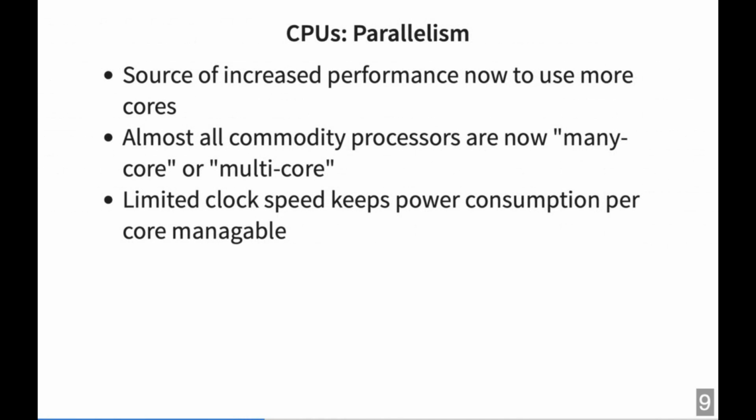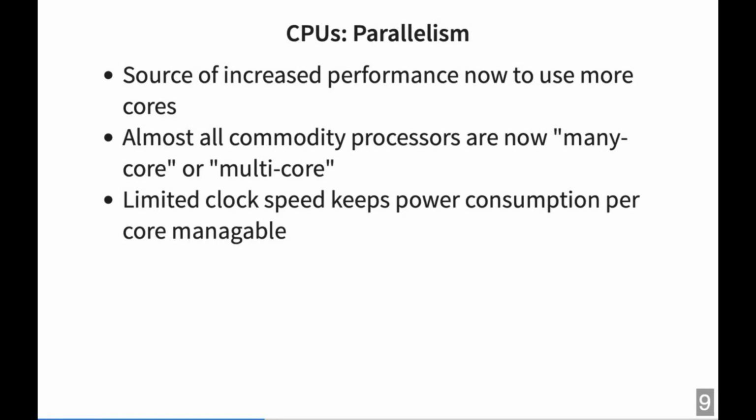And our fourth issue was that of parallelism. Again, in recent years, the source of increased performance for many commodity items is now to use more cores. So your washing machine at home will probably now have a multi-core processor in it.